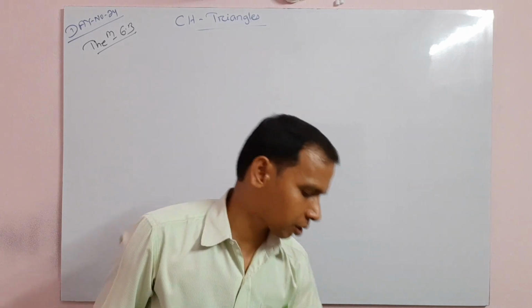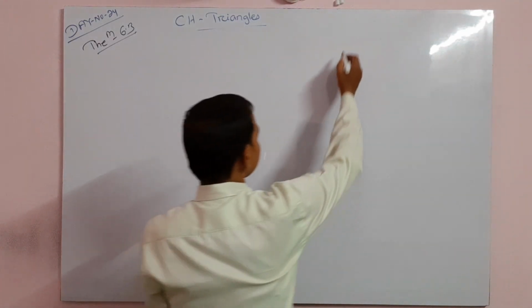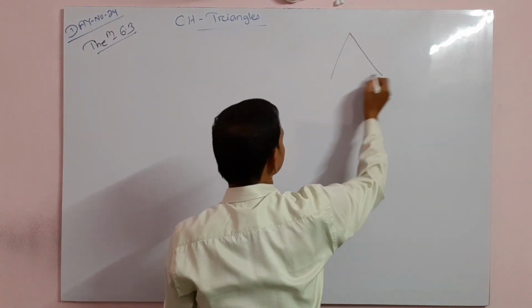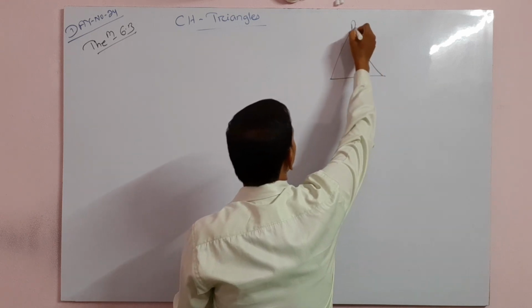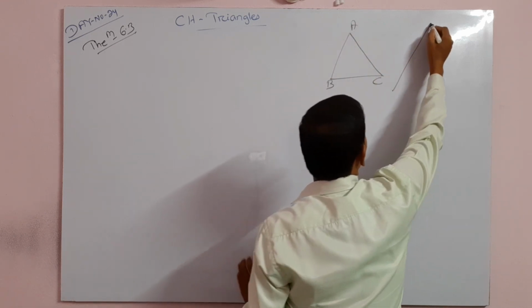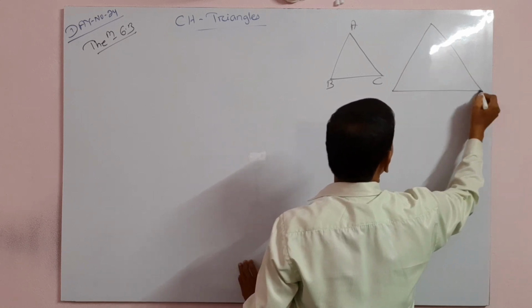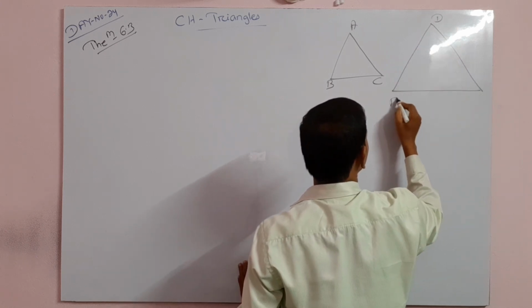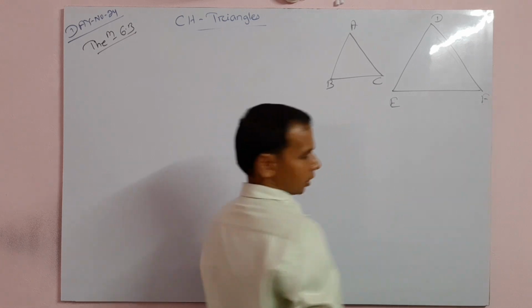Okay, so first mark here ABC and DEF are two triangles.